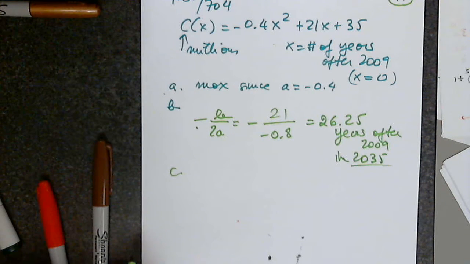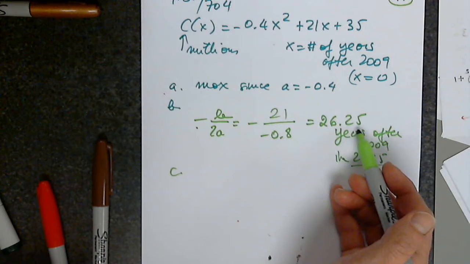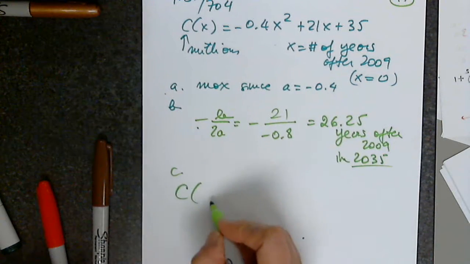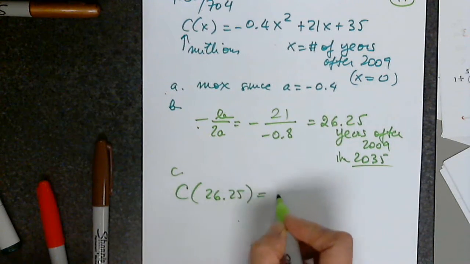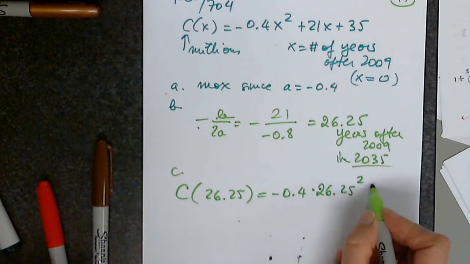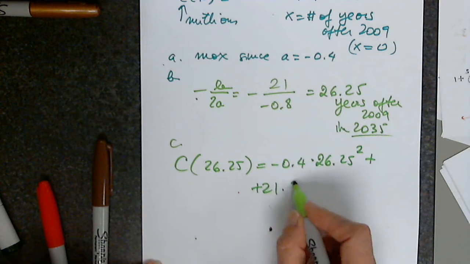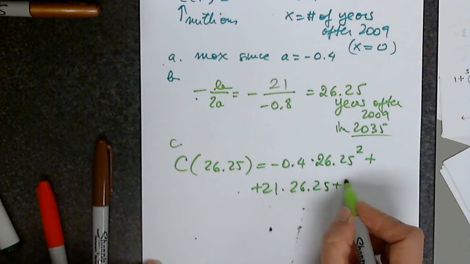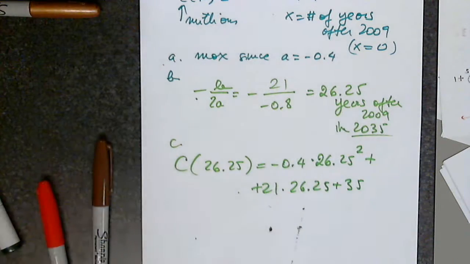You said x. Say it again. You plug 26.25 into the function. Very good. C of 26.25 equals negative 0.4 times 26.25 squared plus 21 times 26.25 plus 35. So I would put this in the graphing calculator and see what I get.